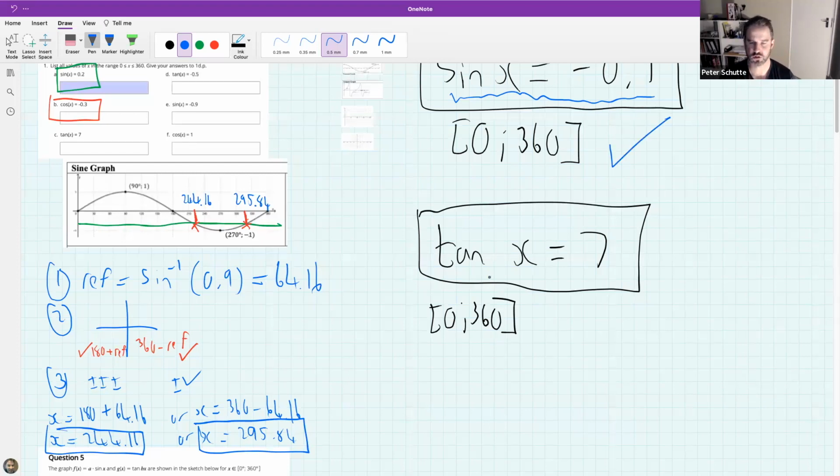So now see if you can do the second one, which involves tan. When does the graph of tan x equal 7?